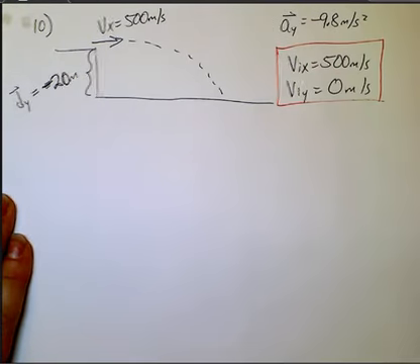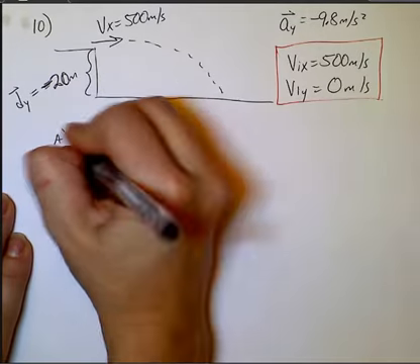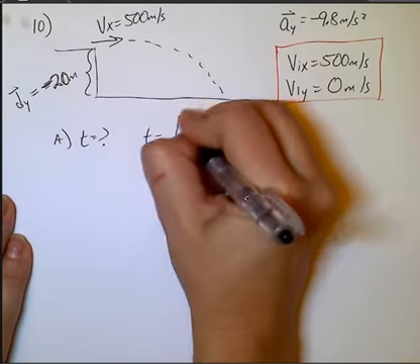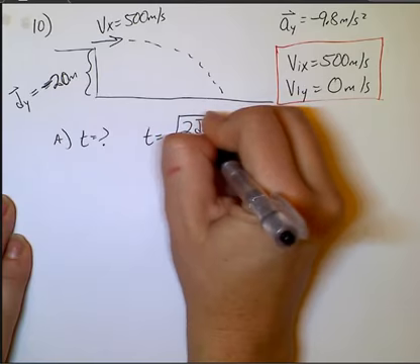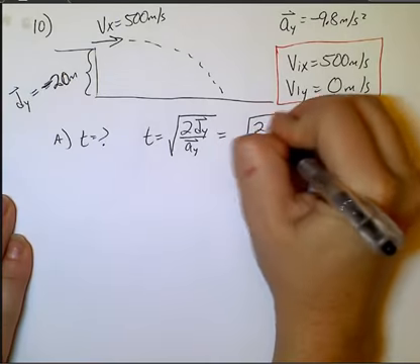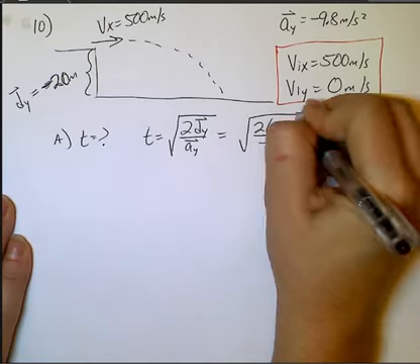Part A, if the hunter misses the target, how long will the bullet be in the air for? So part A, I'm looking for the time. Both the dy and the acceleration should be negative. That's because those are going to cancel out.